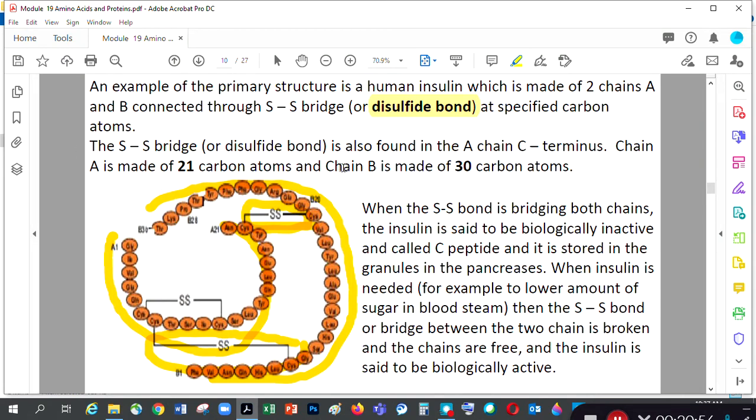So this form of insulin is stored in the pancreas, and when the time comes and the blood sugar is very high and the insulin is needed to lower this blood sugar, then this disulfide bond will be broken and the two chains are free to move, and therefore insulin is said to be active. So it can fight the high blood sugar.